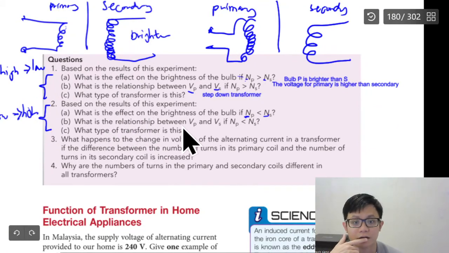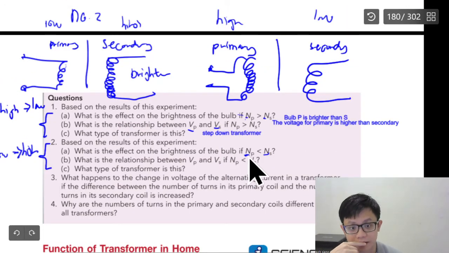What is the effect on the brightness if the number of turns in the primary is lesser than in the secondary? So here will be brighter, here will be less bright.